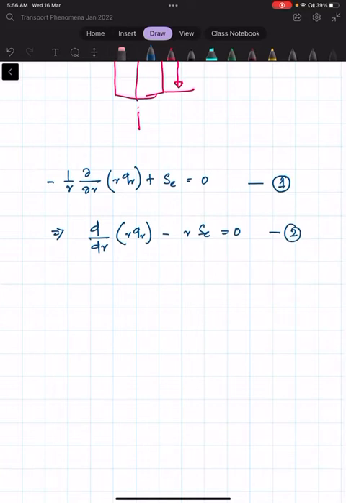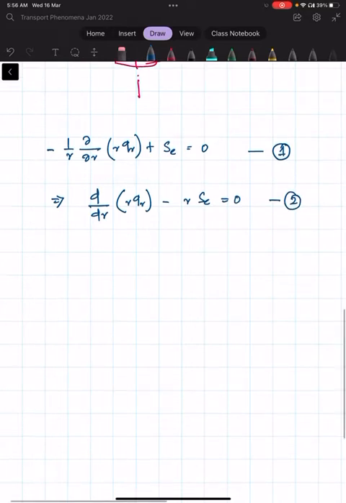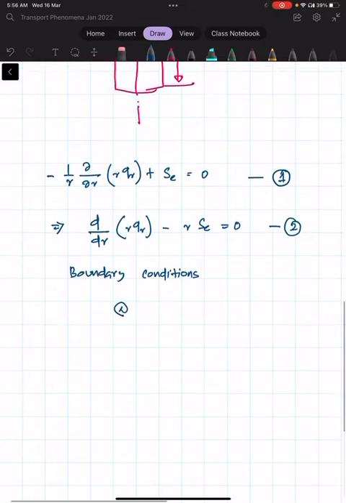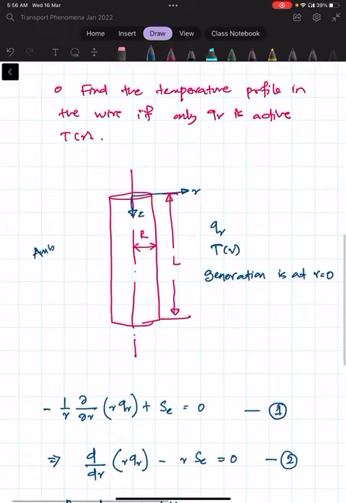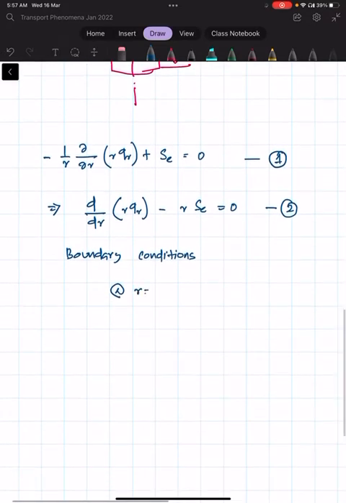Now the boundary conditions. One thing I have not mentioned: let's say the ambient temperature is T naught, and the surface temperature is also T naught, with no difference between them. So at R equals R, the temperature is T naught.